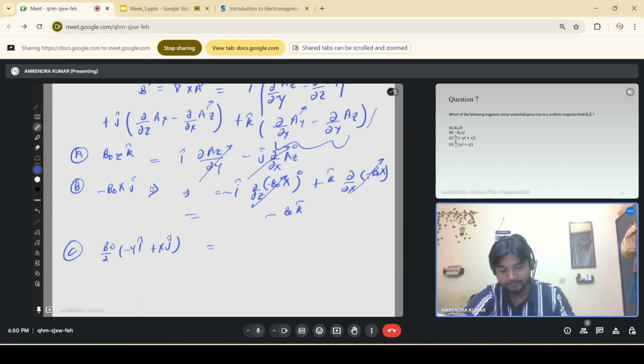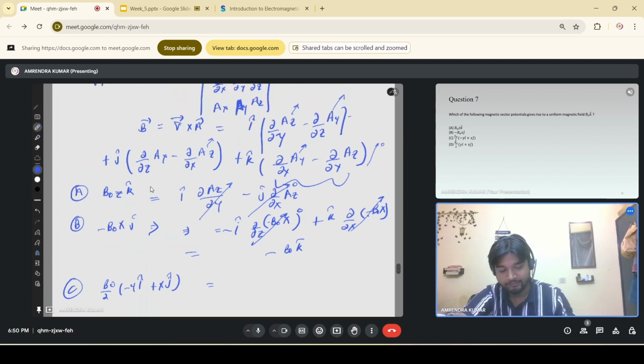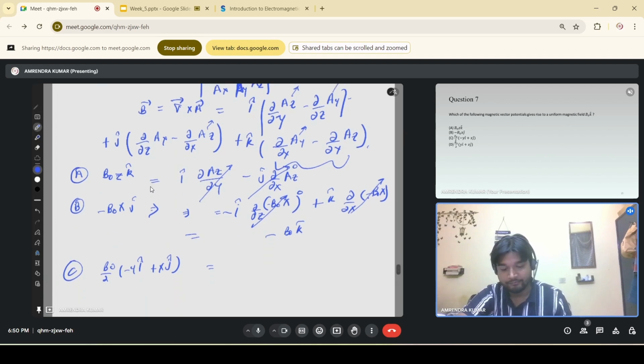So we have I times minus del AY over del Z, plus J del AX over del Z, and then K cap times del AY over del X minus del AX over del Y.